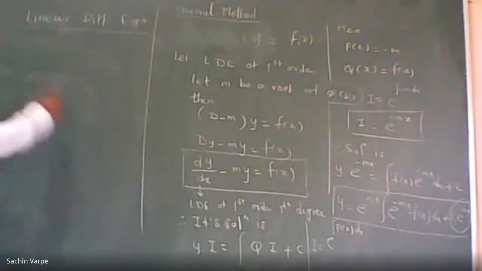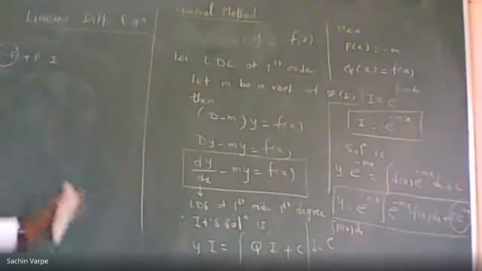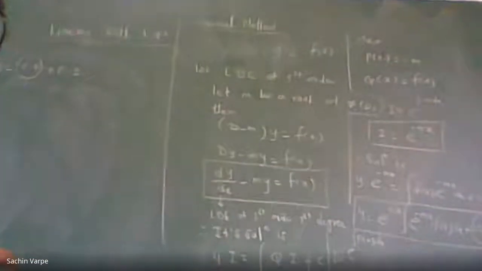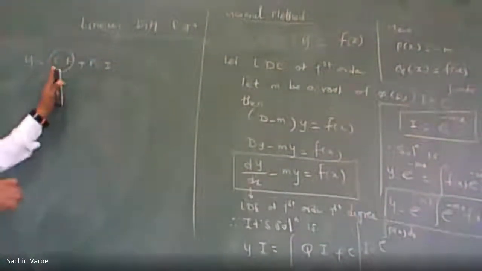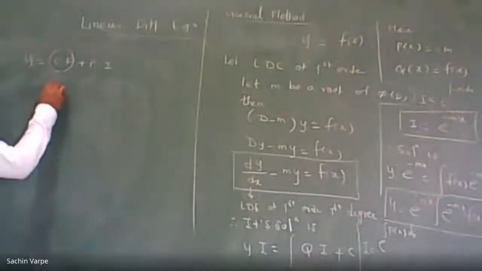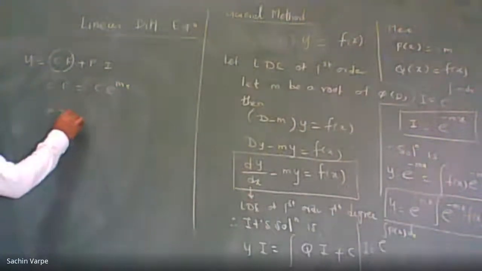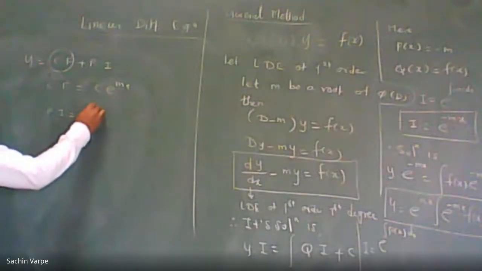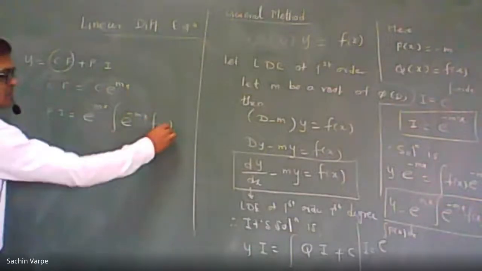So let me write y is equal to CF plus PI. We have already discussed the case for CF. So when we compare this general solution with that last solution, CF is C e raised to mx, and PI is equal to e to the power mx integration of e to the power minus mx f of x dx.